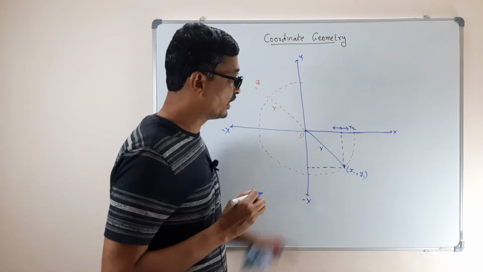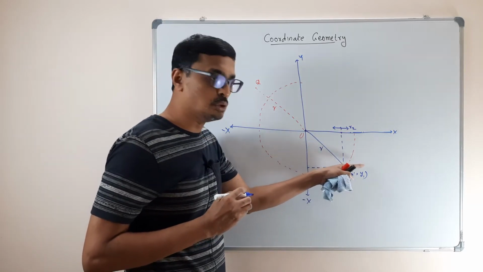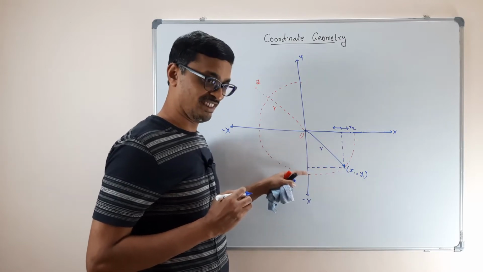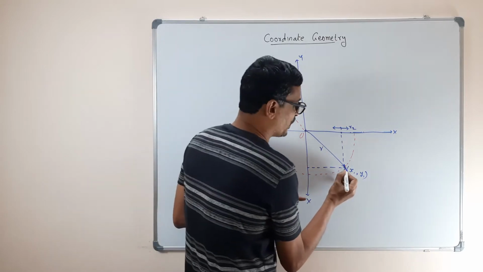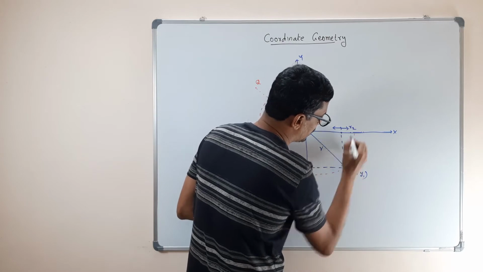The question I am asking is, when I move this coordinate to x2, what should be my change in y? You got it? So in a circle, when I move this point from x1 to x2, that is here, right?